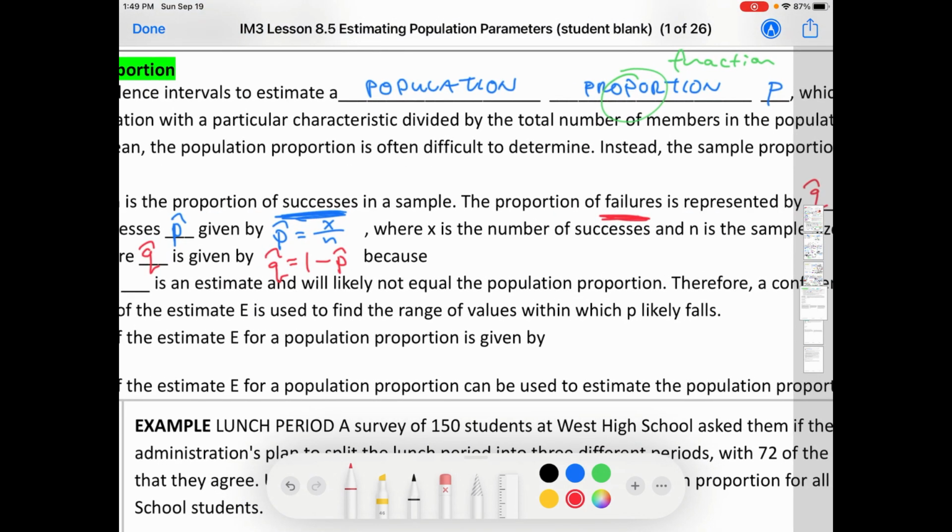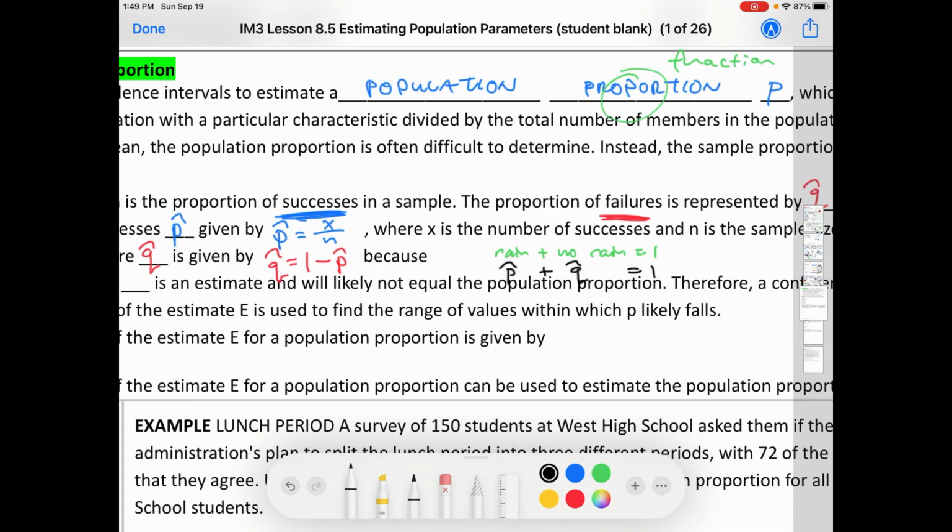Okay, why is that the case? Let me give you my little shortcut here. Rain plus no rain equals 1. Because the probability that it rains plus the probability that it's no rain, Q hat, equals 1.